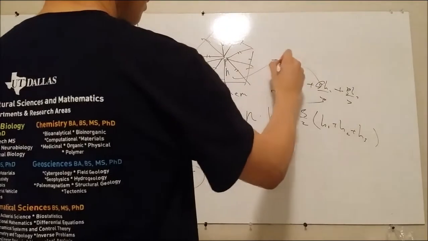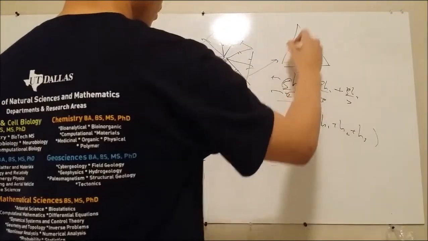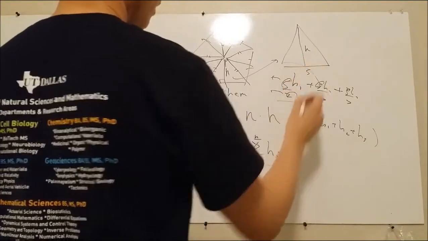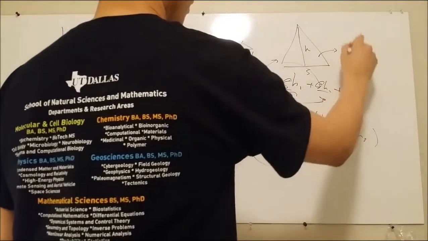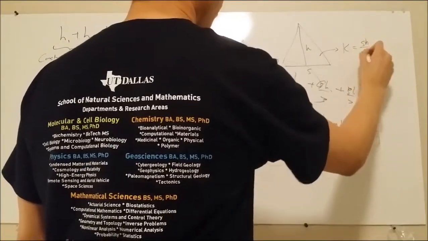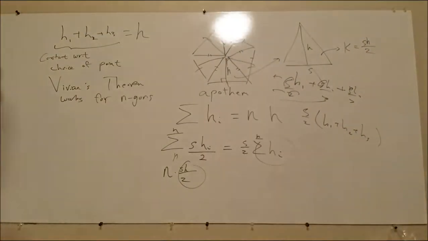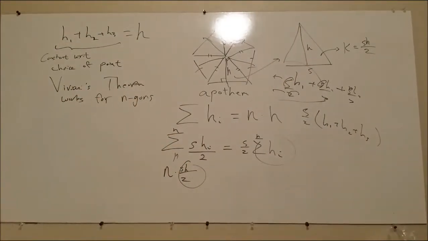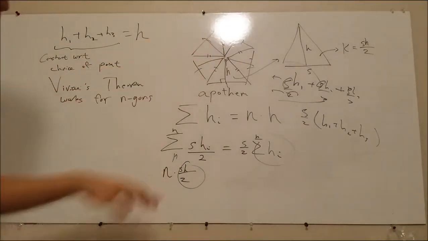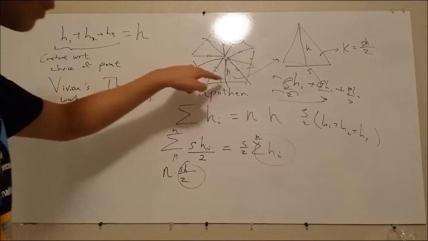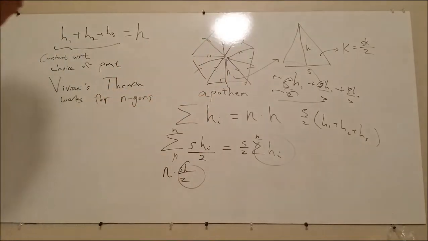Well, we pull out a single triangle from there. We have a height, or apothem, h. We have a length s. And by the area formula, we have base times height over 2. And we simply take this and add it n times. Since these triangles are congruent, this is just a multiplication, a duplication n times of a congruent triangle around the polygon.